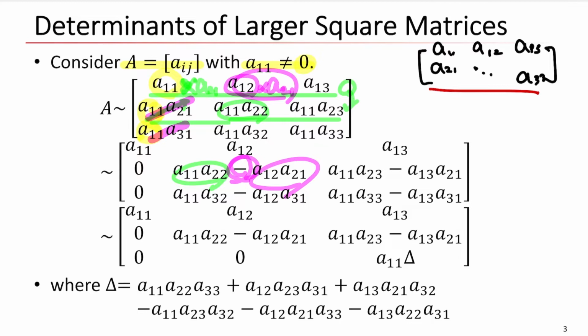Then we can also estimate this one from here and here.